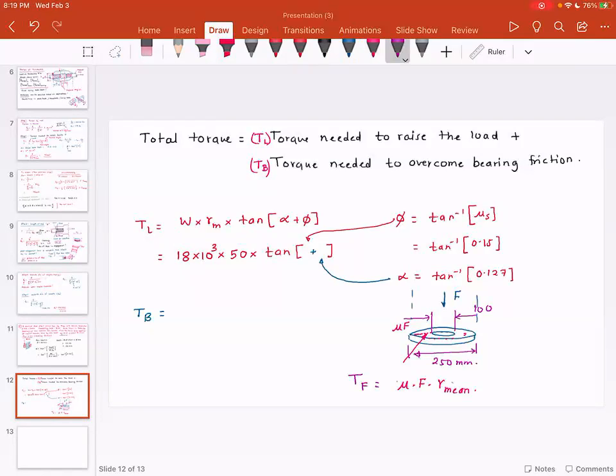So you have two values of radius. The inner value is R1, which is 100 divided by 2. Outer value is R2, which is 250 divided by 2, 125. And Rm is the average of these two. So Tf, which is nothing but Tb, is frictional torque.